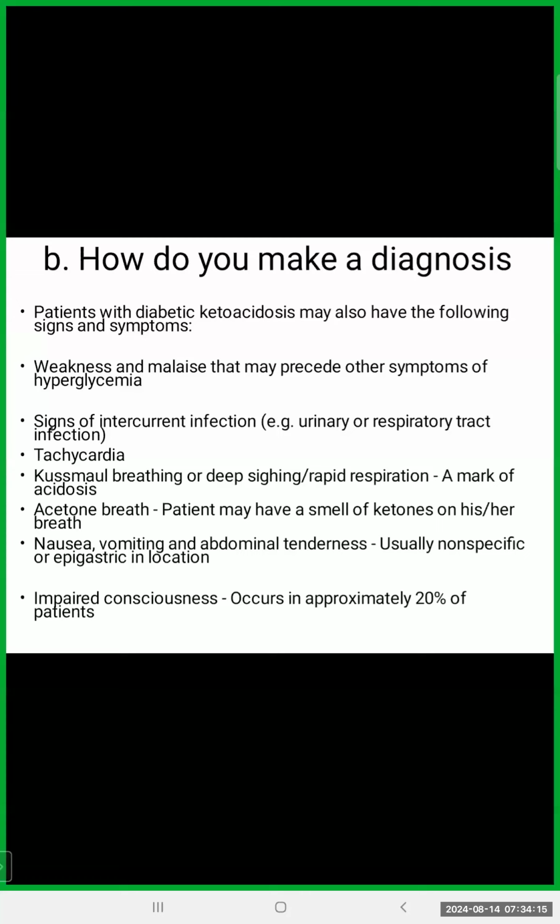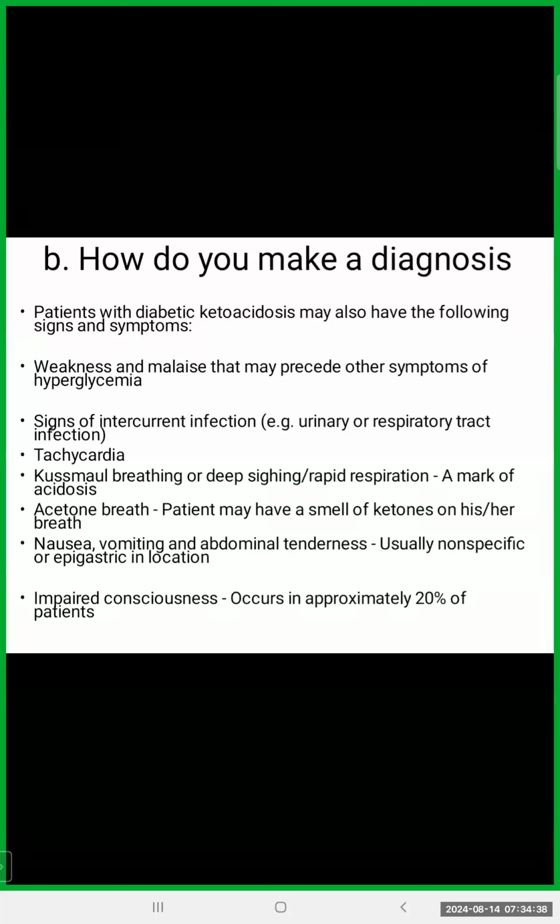If a urinary tract infection, they could have dysuria or suprapubic pain, or if there's evidence of chest infection, because these are the common infections as precipitants for diabetic ketoacidosis. So they can have cough with sputum production, they can have tachycardia, there may be fever.